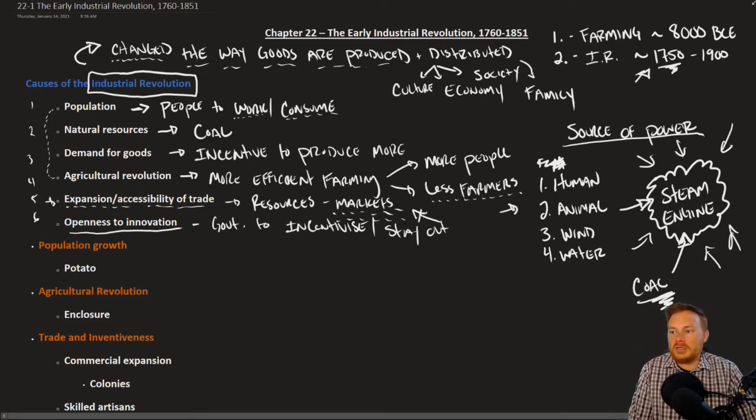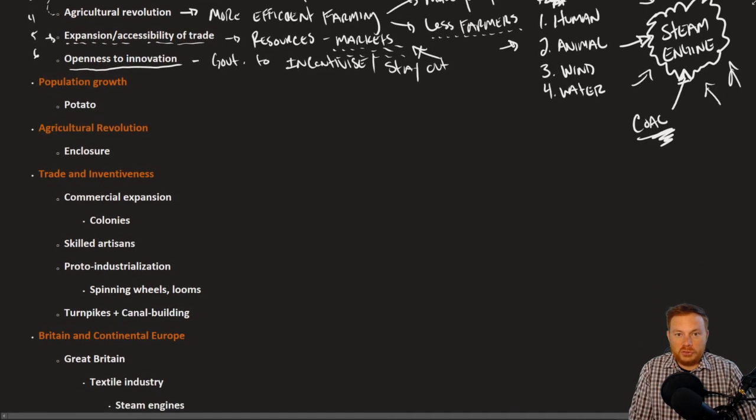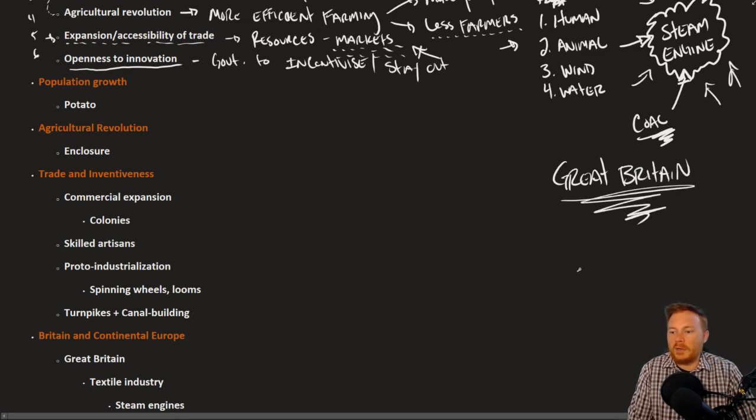And so all of these things were evident in the area where the Industrial Revolution took place first, and that was Great Britain. All right, Great Britain. So we see all these things happening in Great Britain, roughly 1700 to, again, 1760 or so.